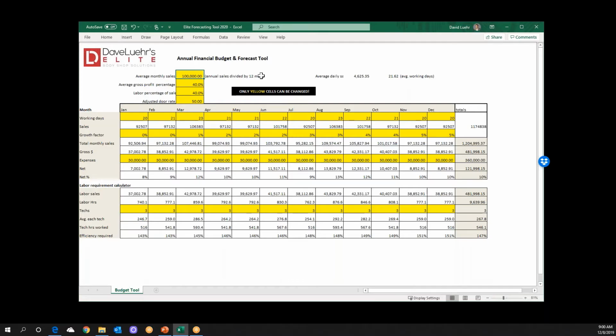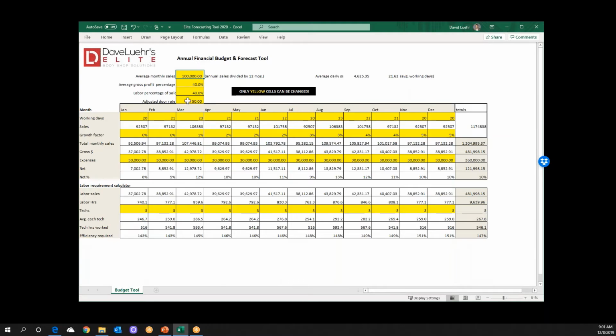So that's breaking that down based on a factor of 21.62, which is the average working days. If you took a look at the whole year and averaged all the months out, 21.62 tends to be the average number of working days per month. So what we're trying to do is just establish an average at this point. That will tell us what your daily sales capability is.